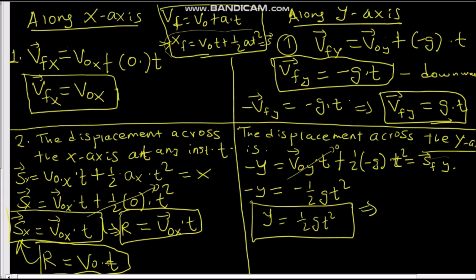From this equation we can also derive the time. This implies time is equal to the square root of 2 times the displacement across the y over g.